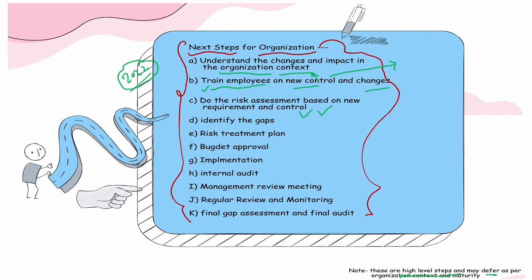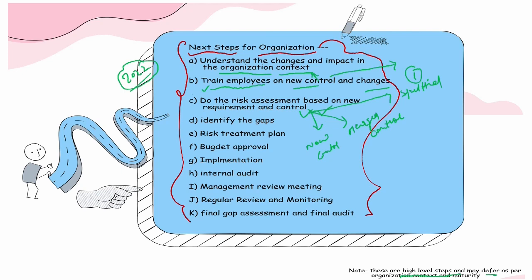Also, as I explained in the previous video, some of the controls have been merged, and one control has been split. So we have to look at all these changes in controls: new controls, merged controls, and the split control. And then we have to do a risk assessment based on the organization context.